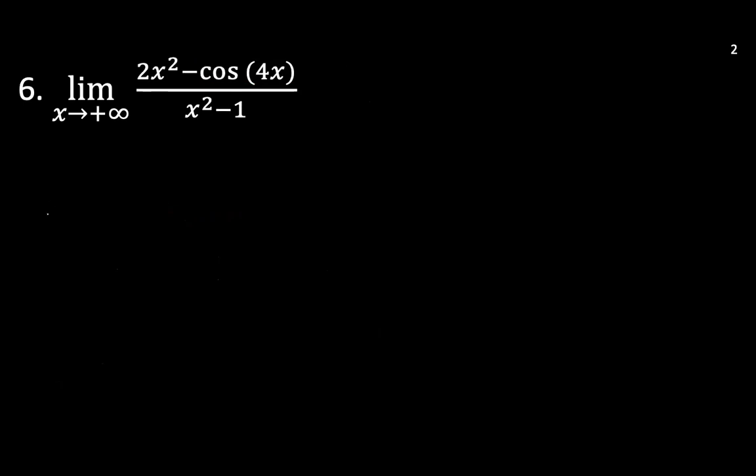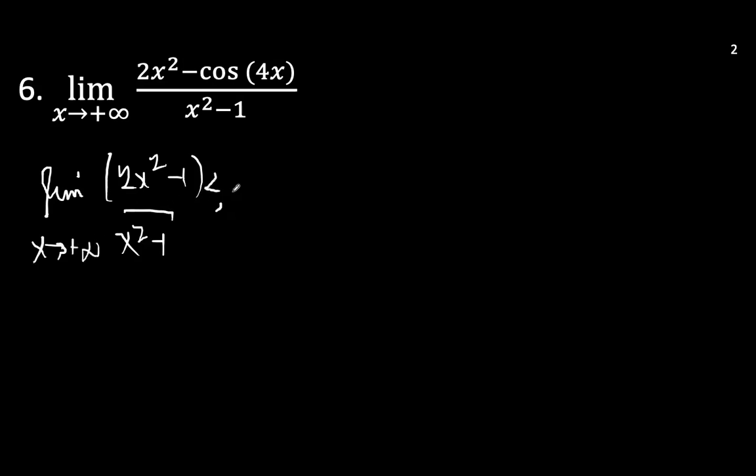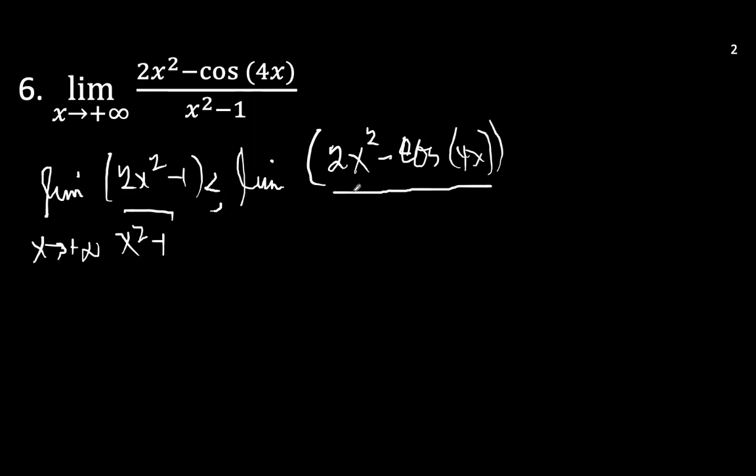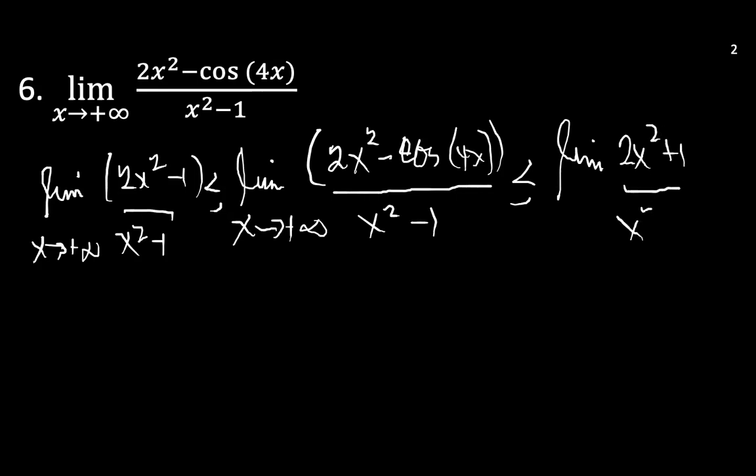The limit of 2x squared minus 1 over x squared minus 1 as x approaches positive infinity is less than or equal to the limit of 2x squared minus cosine of 4x all over x squared minus 1 as x approaches positive infinity, which is less than or equal to the limit of 2x squared plus 1 all over x squared minus 1 as x approaches positive infinity.